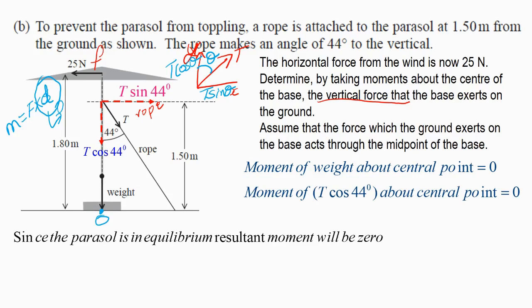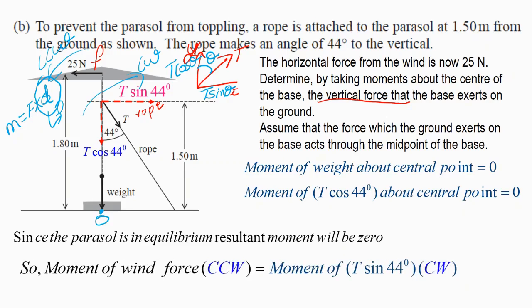T sin 44 is acting towards the right, and its moment about this central point is in clockwise direction, and the moment of the wind force about the point O will be in anticlockwise direction. So they act in opposite directions, and their magnitudes should be equal. Then only the resultant moment becomes 0.